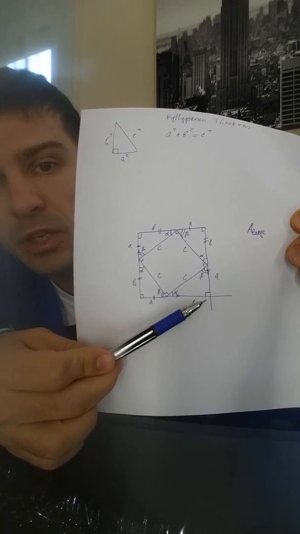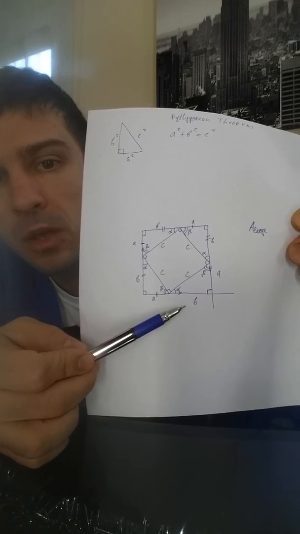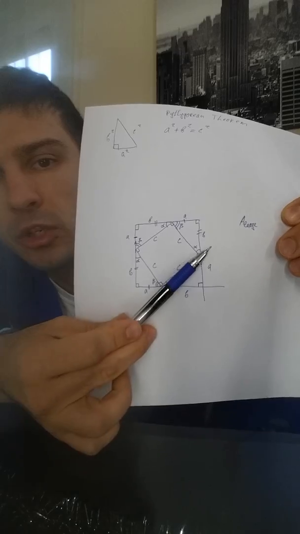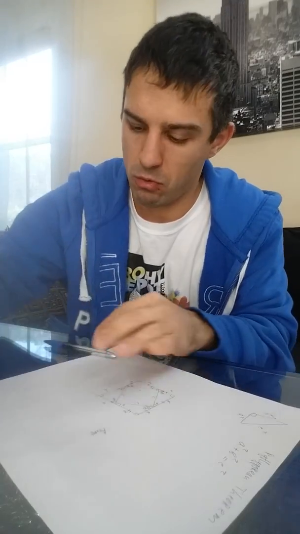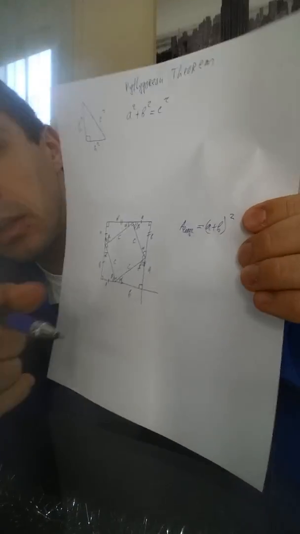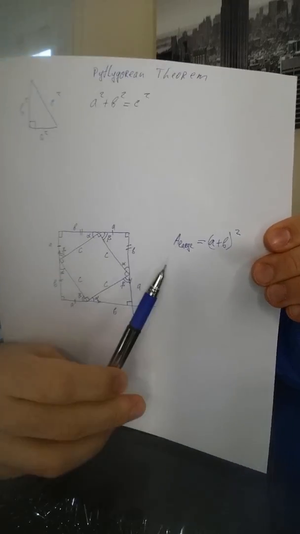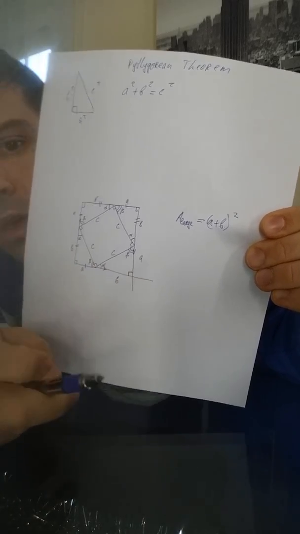The side of this square is b plus a, or a plus b. So the area of the large square equals (a plus b) squared. A large equals (a plus b) squared.